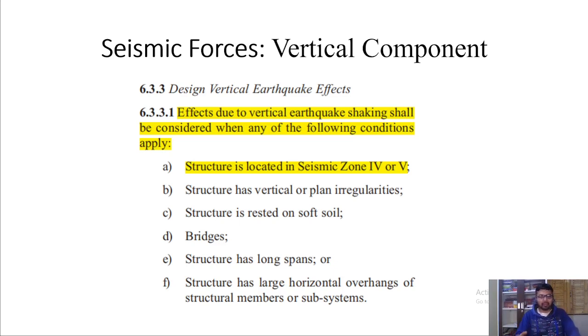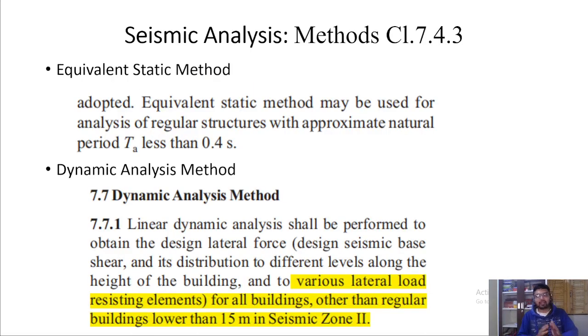If you design bridges, or a structure has a long span, say 10 meters or 12 meters, or large horizontal overhangs, meaning large cantilevers, then obviously you have to consider the vertical earthquake effects. So for any important building or any building lying in zone 4 or zone 5, we need to consider the vertical earthquake effects.